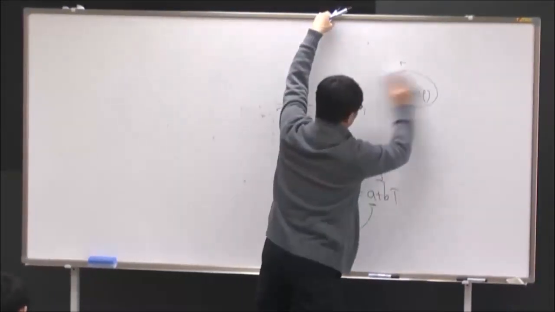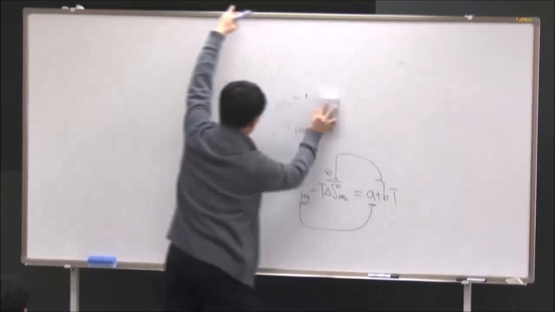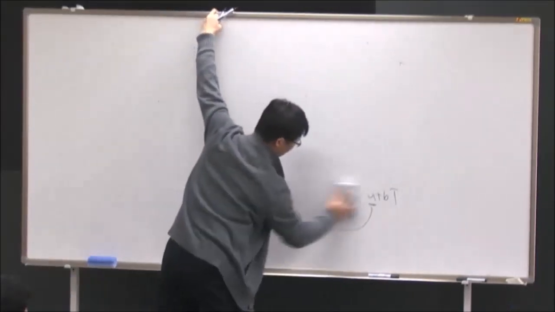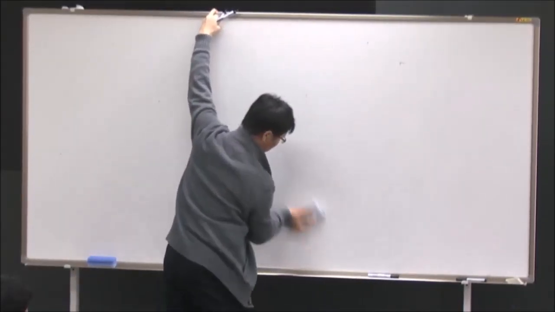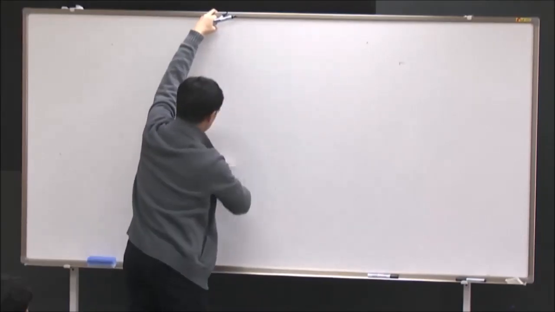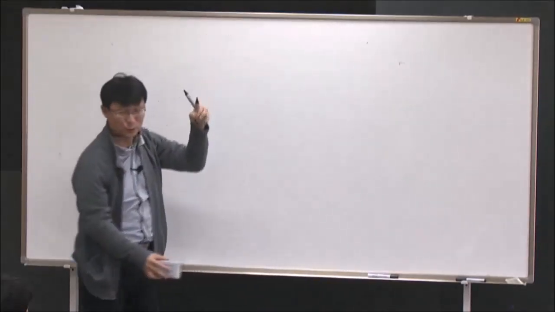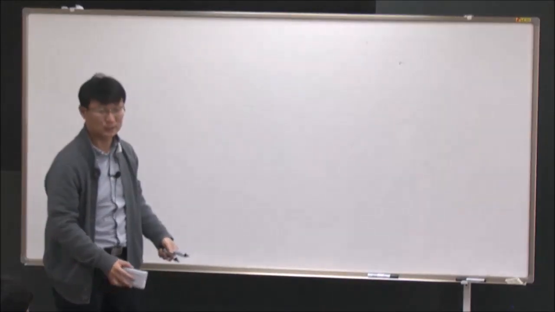If you look at the Ellingham diagram, there's only one species which typically has a negative slope, where delta G of reaction is negative.